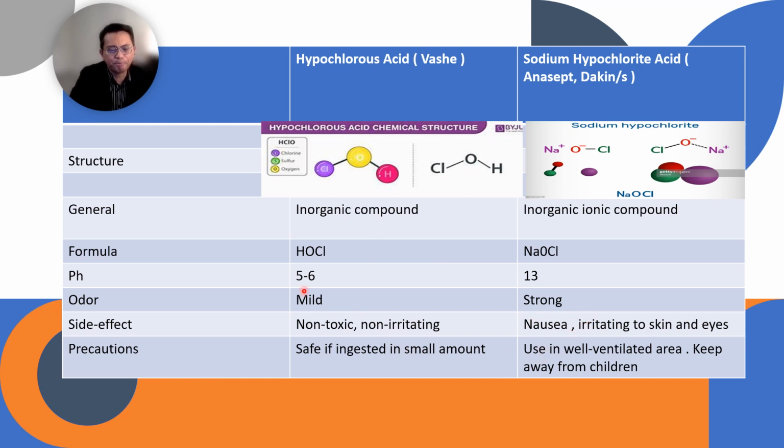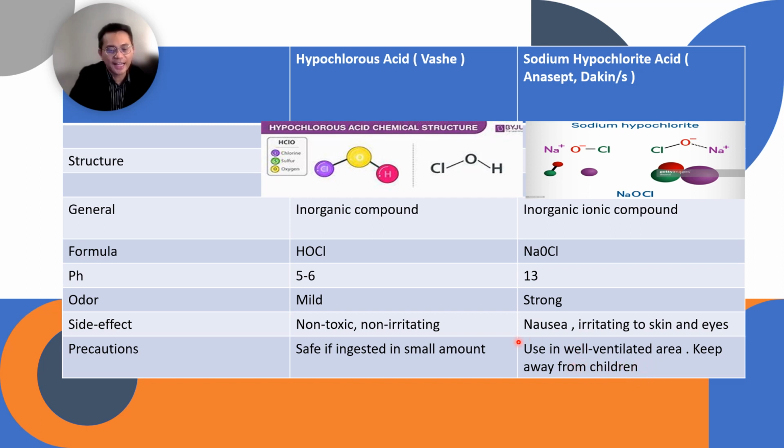Side effect wise, there's a great body of evidence that hypochlorous acid is non-toxic and non-irritating. Like I said, for Anasept and the Dakin solution, one of the side effects is that people get nauseous, and they're also irritating to the skin and the eyes. In fact, the label says keep away from children, and you have to use it in well ventilated areas.